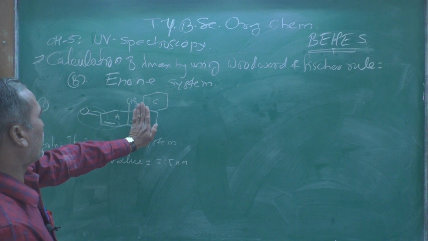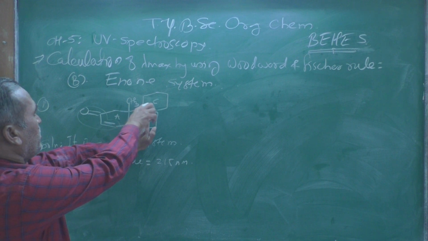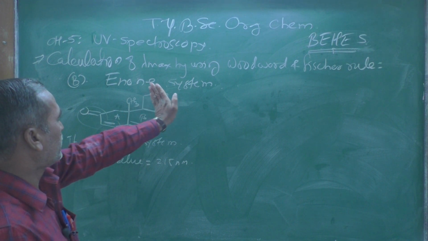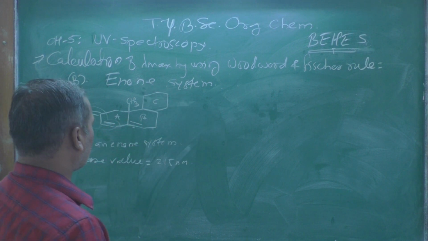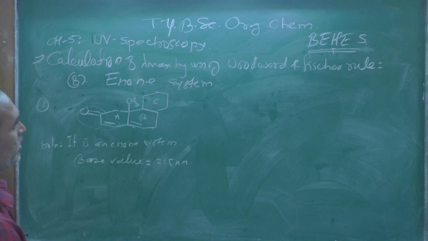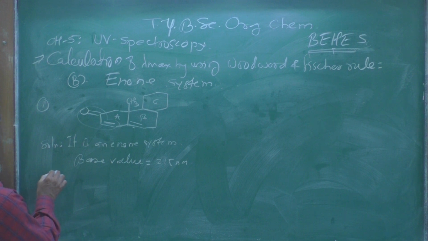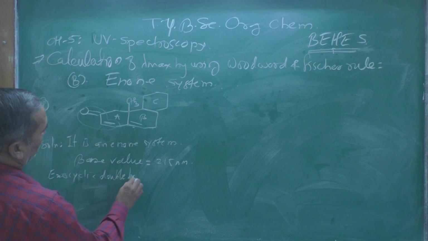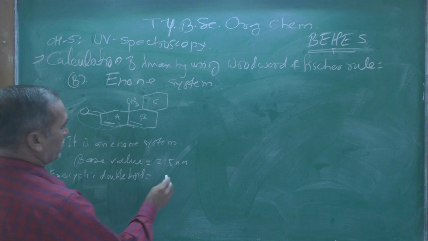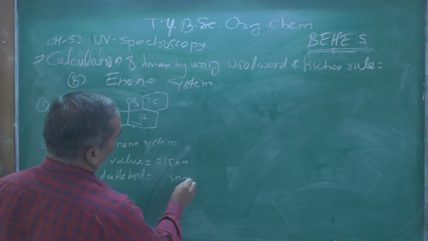If you put your hand on B, you won't see any double bond outside the B ring. If you put your hand on C, you won't see any double bond outside the C ring. So how many exocyclic double bonds can you observe here? Only one. How much to add? 5 nanometer.